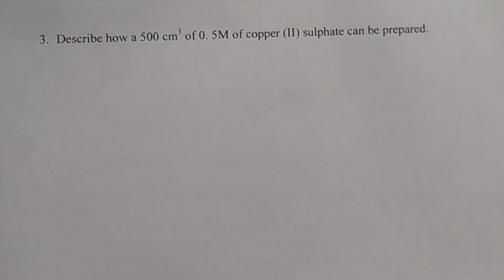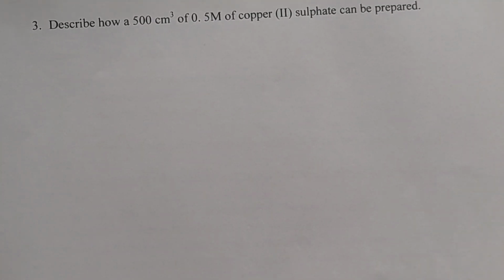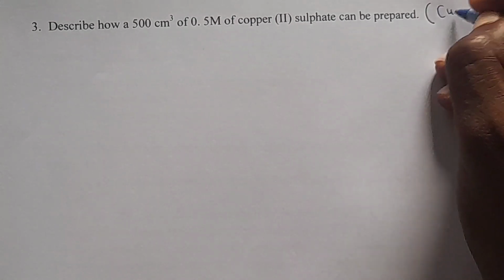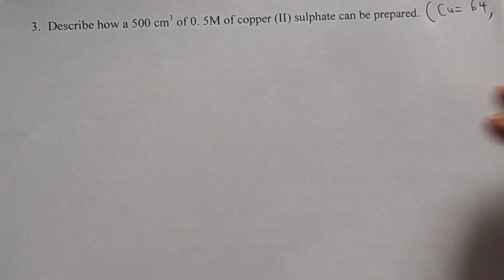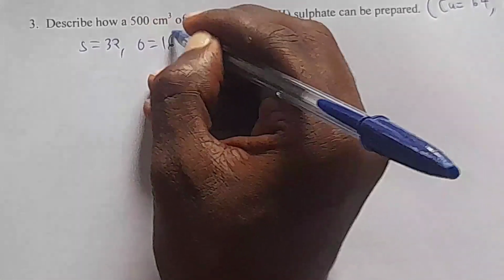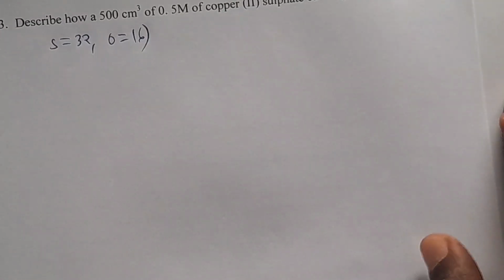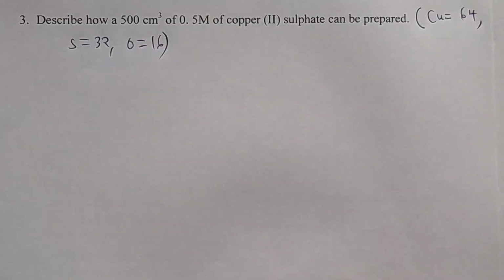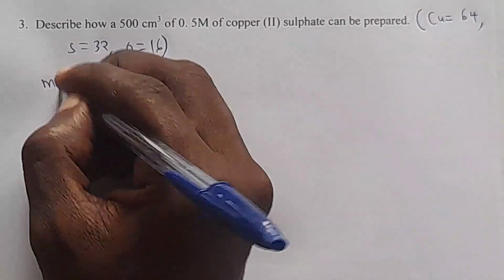In question number 3, we are told: describe how a 500 centimeter cube of 0.5 molar copper 2 sulfate can be prepared. So in brackets, we have Cu equal to 64, S equal to 32, then we have O equal to 16. So we do the same. We are going to get the mass of the solute first of all. If you want to get the mass of the solute, the first step is to get moles.